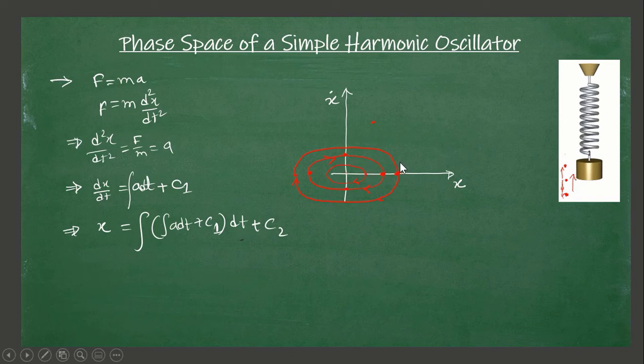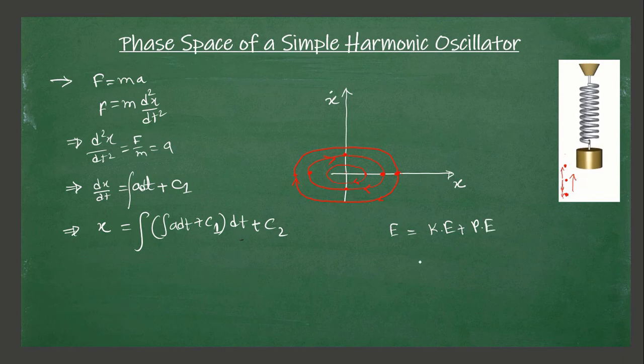Let's find out why the phase space trajectory of a simple harmonic oscillator is an ellipse by using the energy of a simple harmonic oscillator. What's the total energy? We know that the total energy is the sum of the kinetic energy plus the potential energy.